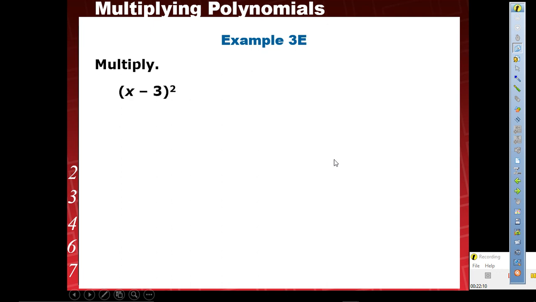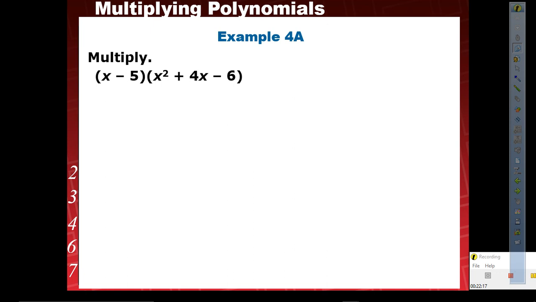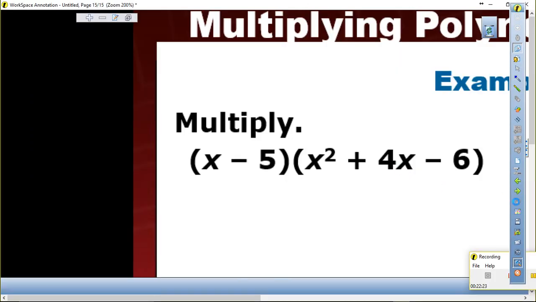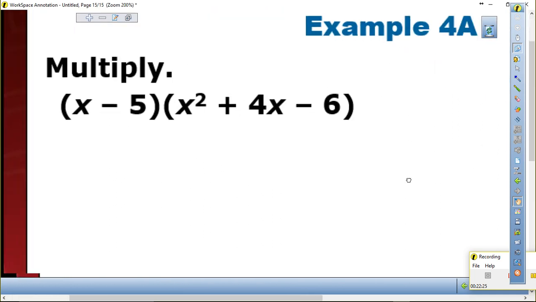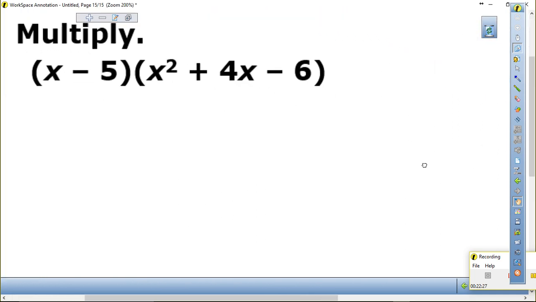Okay, let's get to the funner ones. Copy this one, example 4A. Example 4A. And let me zoom in so you can see it. Multiply x minus 5 times x squared plus 4x minus 6.